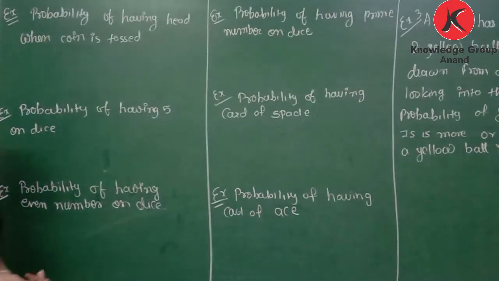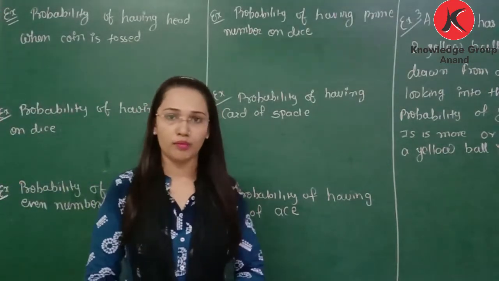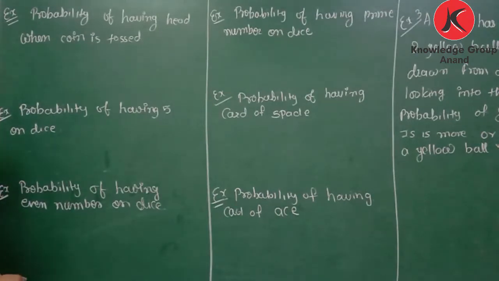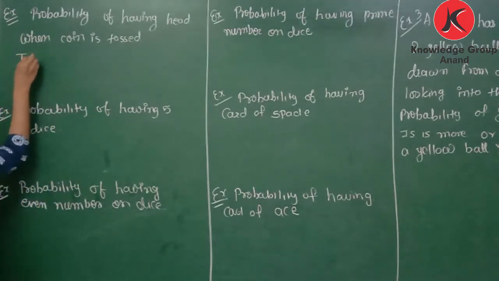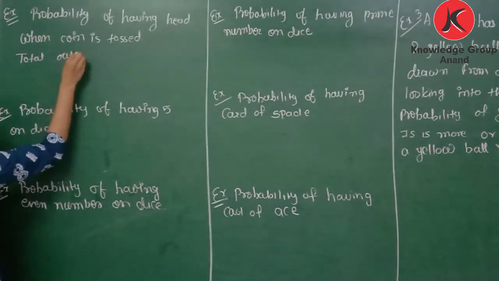So let's take different examples. Which kind of example can be asked related to probability? We solve some examples. First, probability of having head when a coin is tossed. There are two outcomes, so we can write total outcome. How many total outcomes?